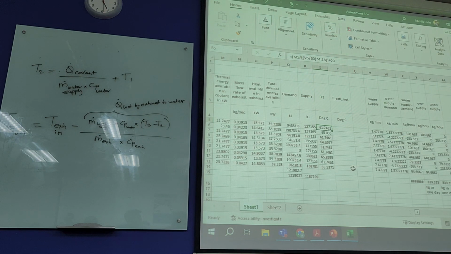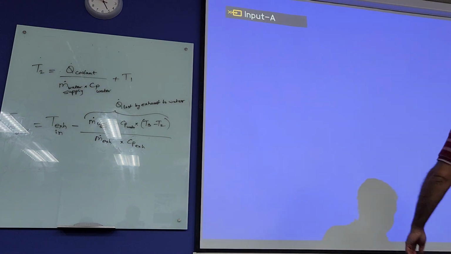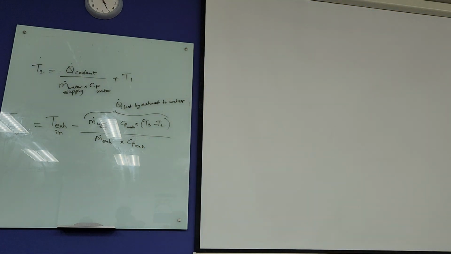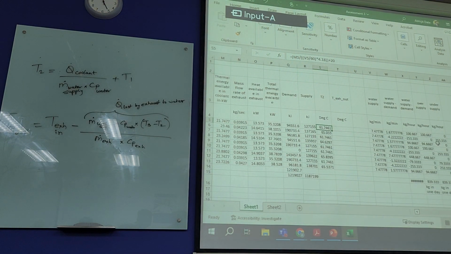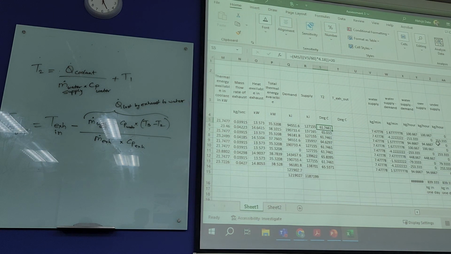Where's your T2? No. If you're using CP in kilojoules, no. What's the value of CP?